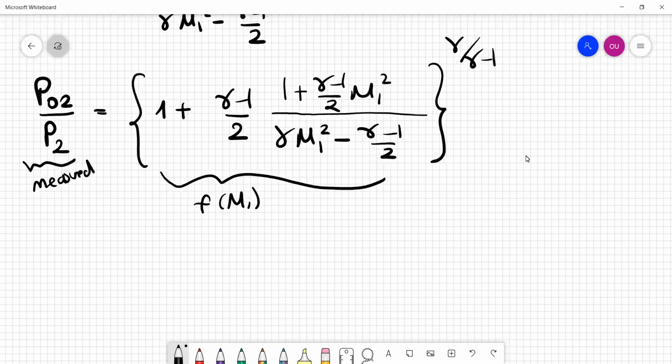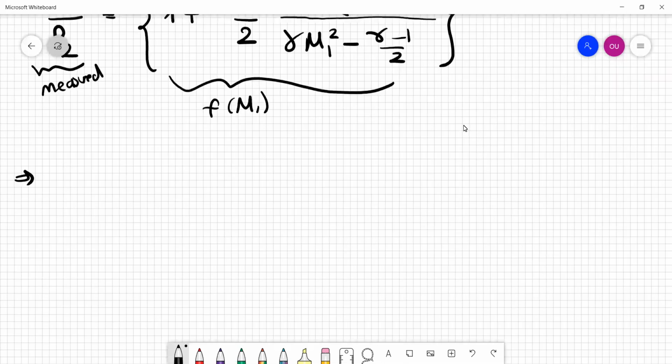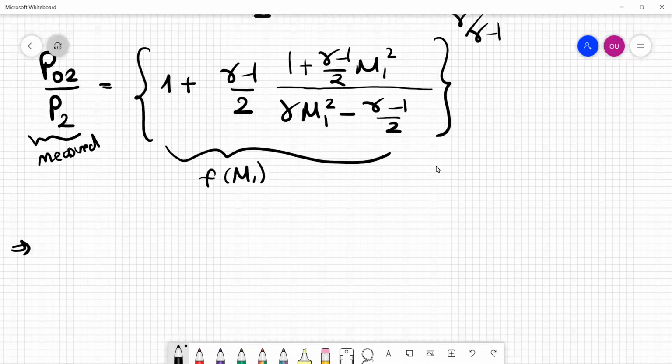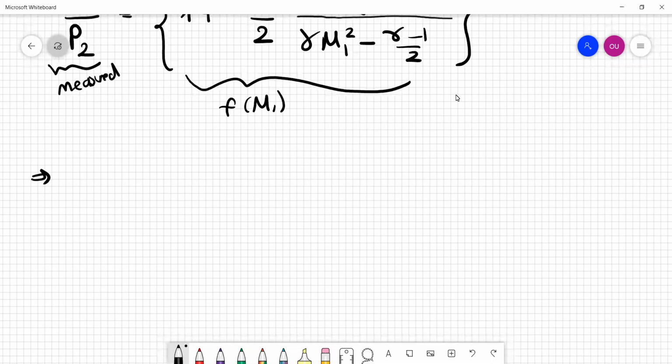Basically, if I do some mathematical exercise on this equation, it's not a very straightforward equation, as you see, to get M1 to the left-hand side and isolate it and dump everything to the right-hand side. It requires a few steps of mathematical manipulation.